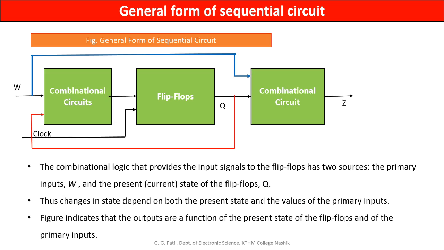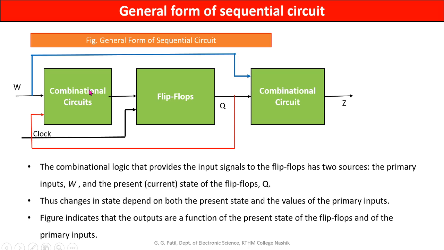First, we'll see the general form of sequential circuit, its block diagram, and working in short. Here, the block diagram of a general form sequential circuit is shown. It includes basically three blocks.